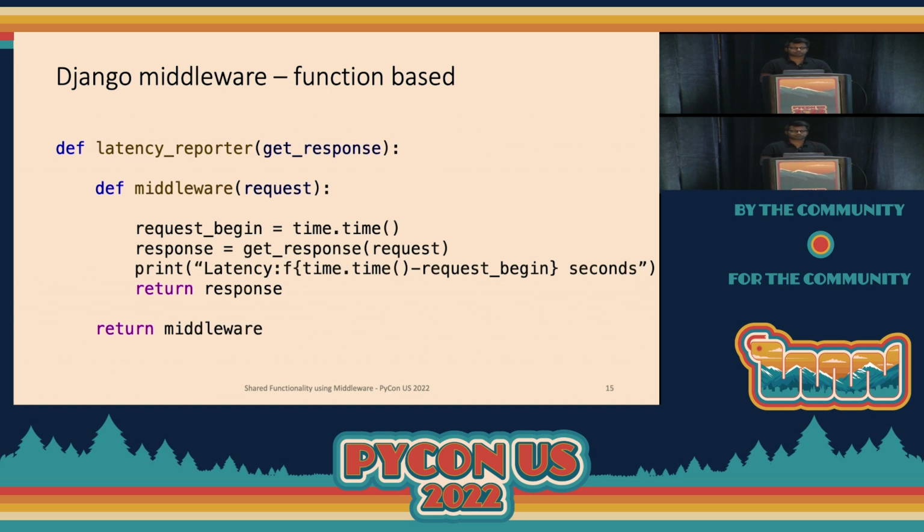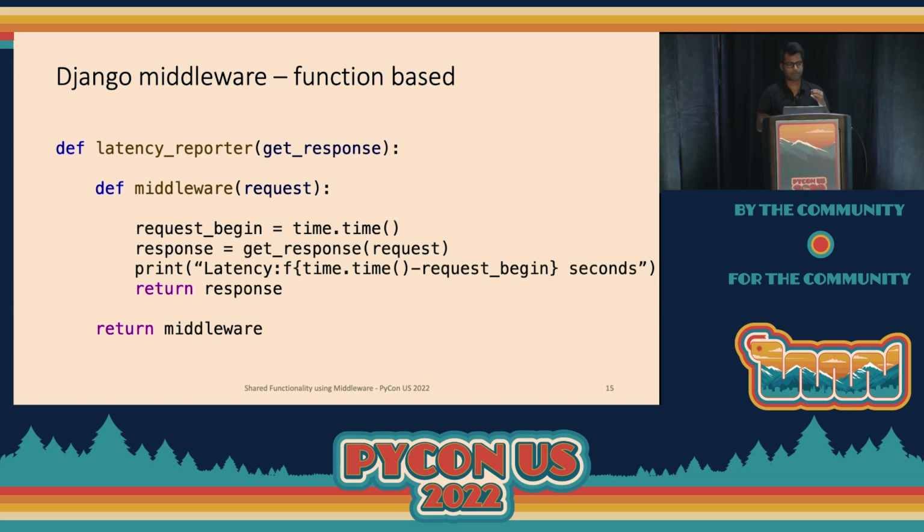Now, this function returns a closure. That closure again takes the parameter request, which represents the current request being handled, and that is returned. The Django middleware machinery invokes this function whenever a request is being handled. Inside the closure, we start a timer and assign it to a variable request_begin.